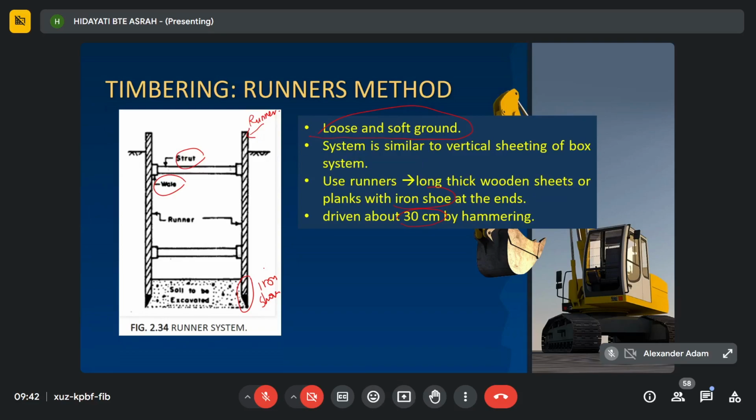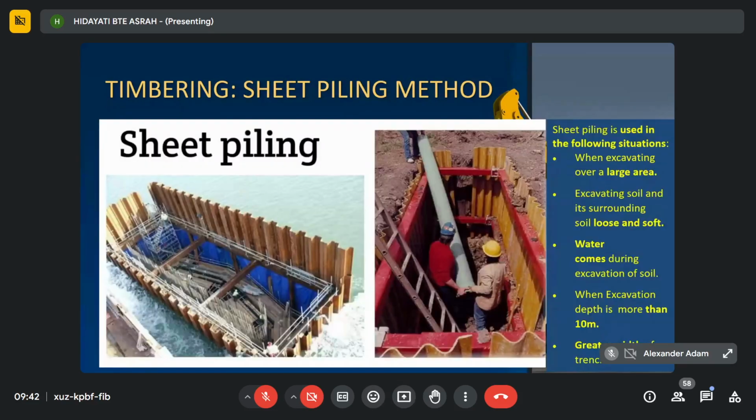Next is sheet piling. This is normally used when your construction site contains water. Sheet piles can be wooden or steel, but normally steel sheet piles are used.